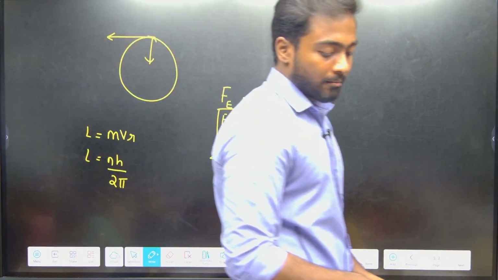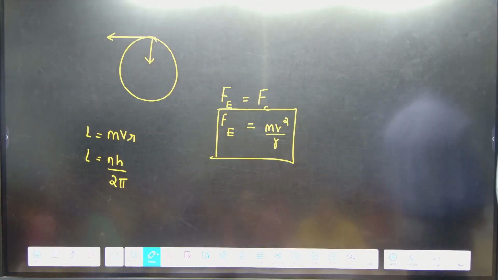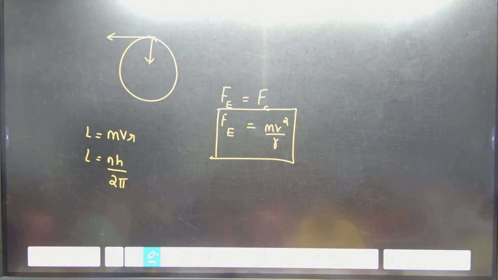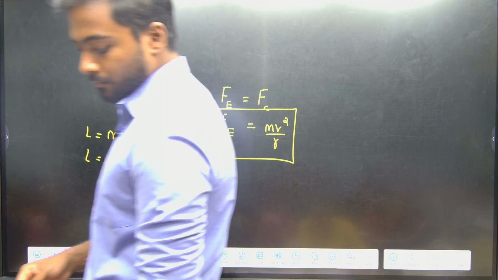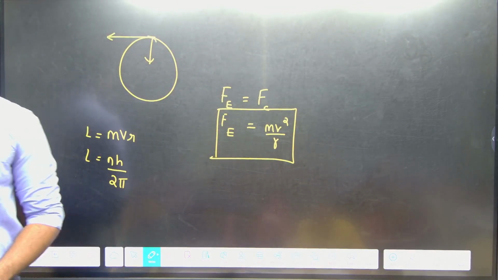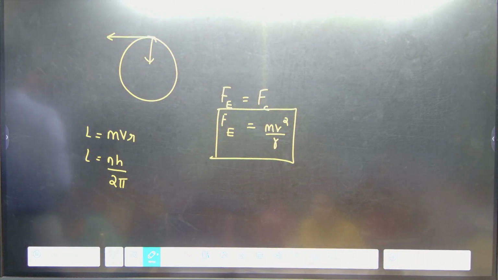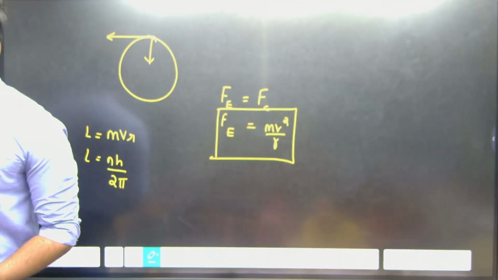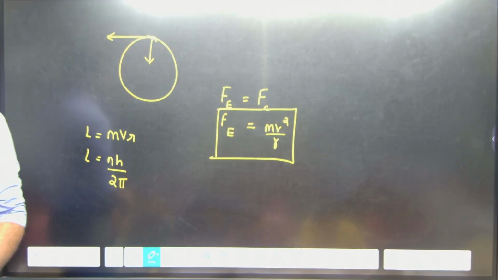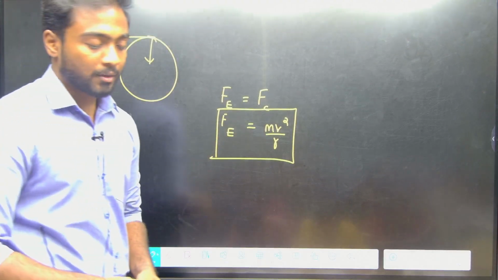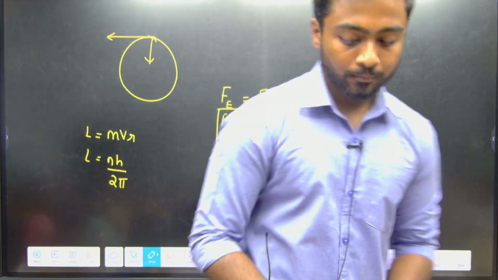So n is nothing but the principal quantum number. It can be 1, 2, 3 up to infinity. N depends upon the state of the orbit.